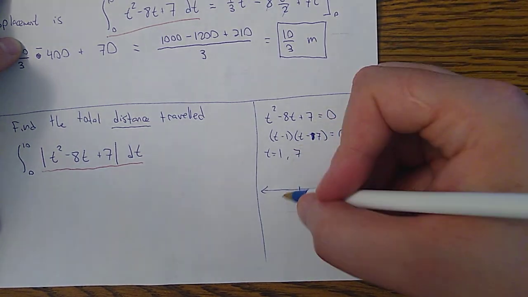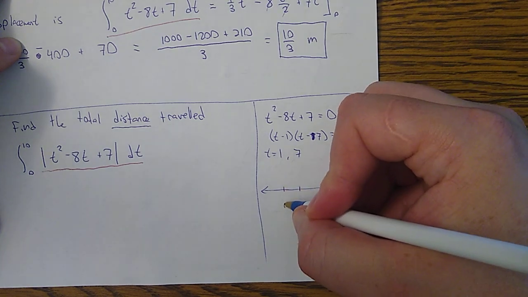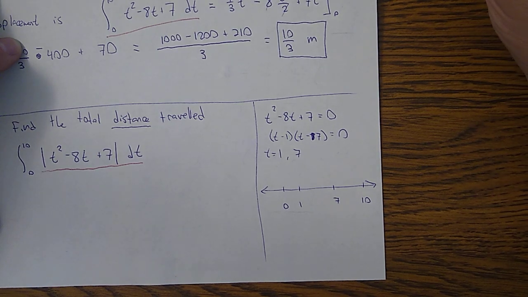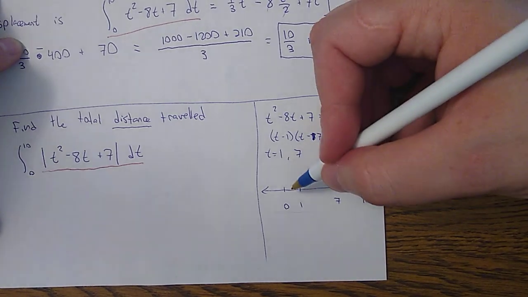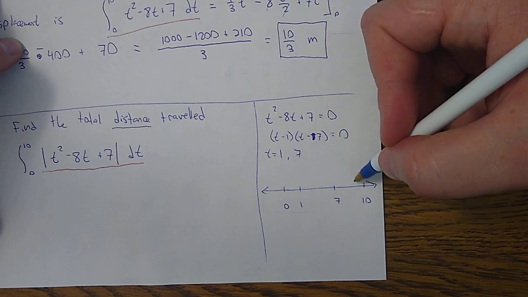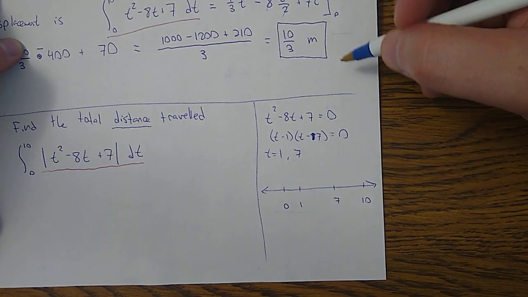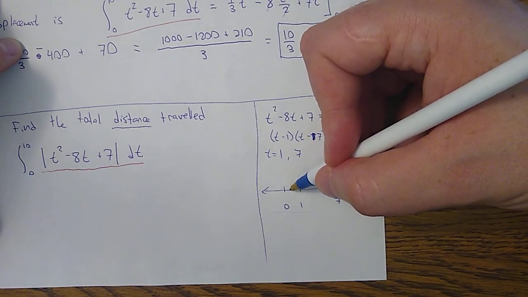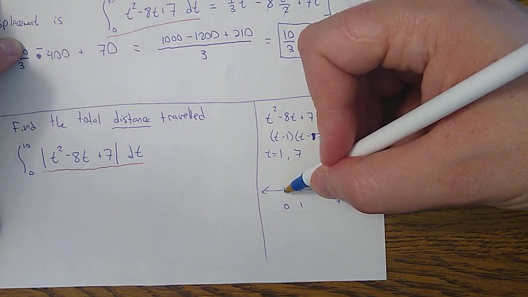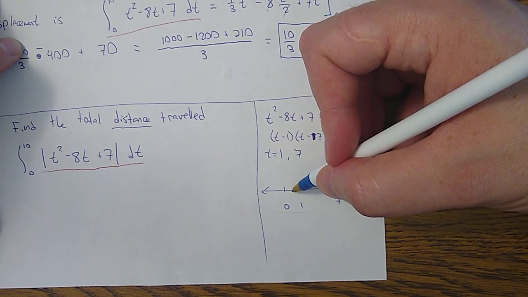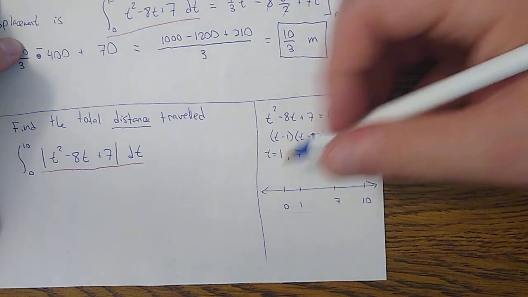I'll write 1 and 7, and then since we're interested in the interval from 0 to 10, I'll mark 0 and 10. And then I'll put a plus or minus in each spot according to whether this is positive or negative. I shouldn't put in t equals 0. I should put in something in between. Say t equals a half.